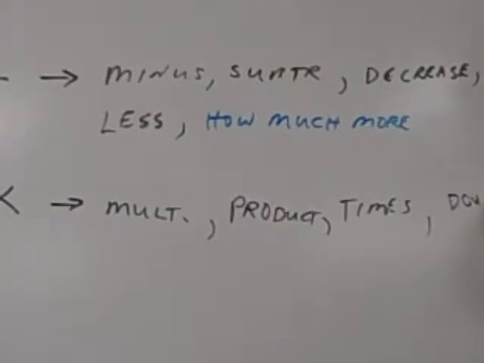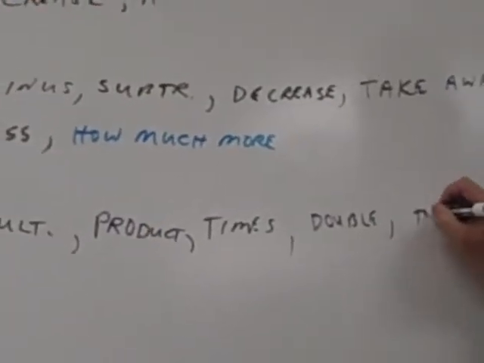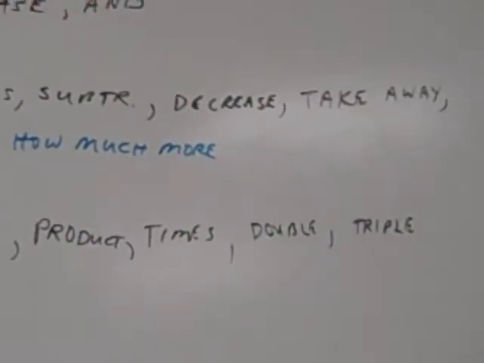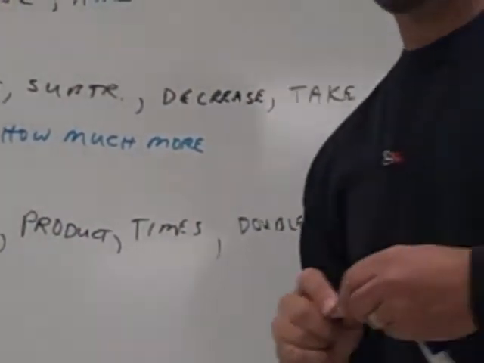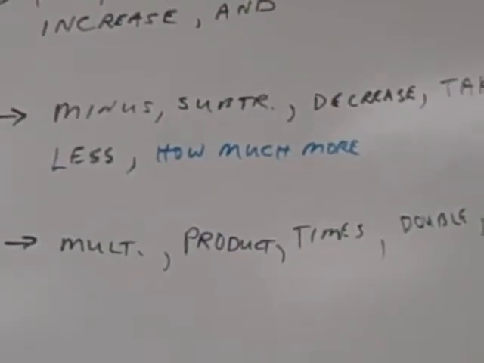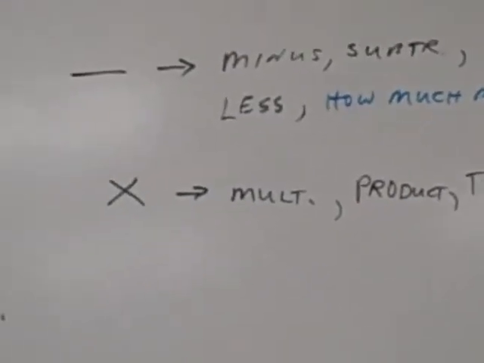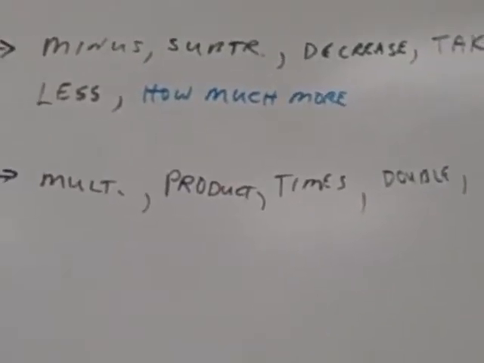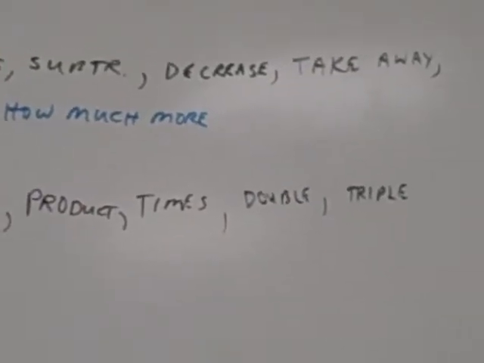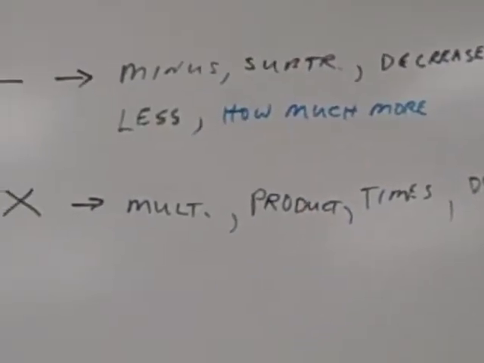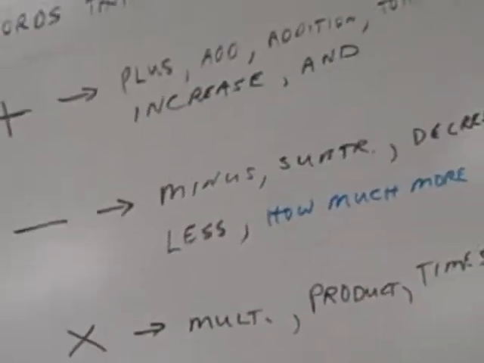If you double or triple, that is multiplication by 2, multiplication by 3, quadruple, multiplication by 4. Anything like that is a multiplication, but it's a specific multiplication. It does imply multiplying. All righty?